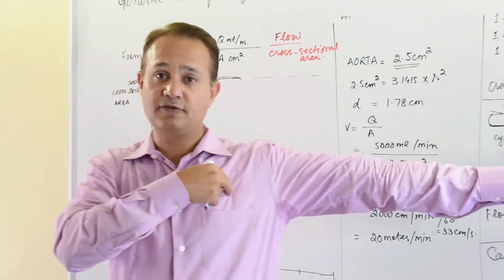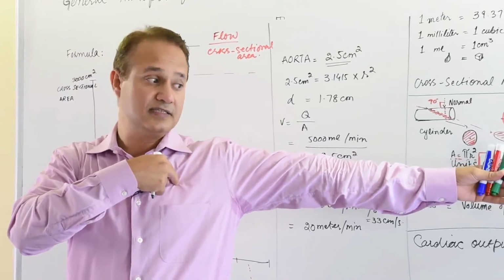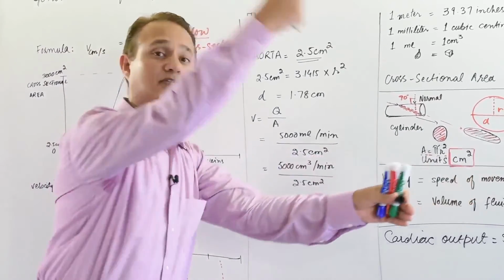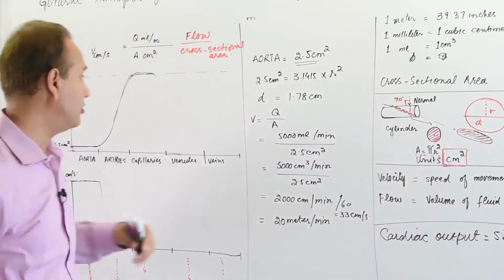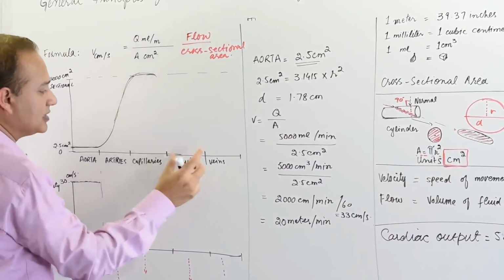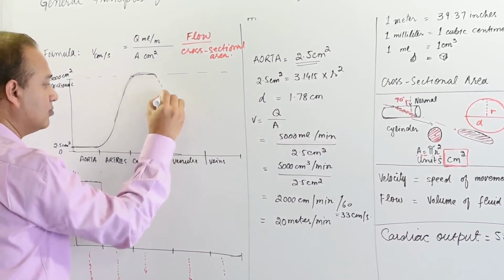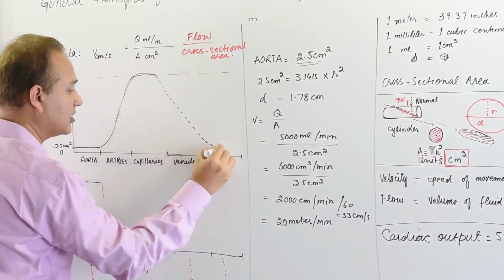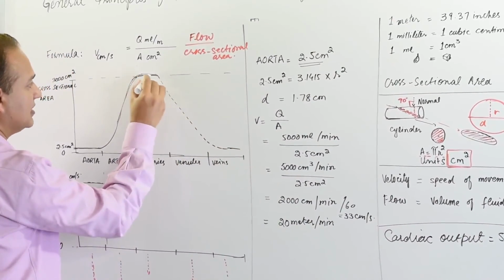That is how big a blood vessel they would form if you put all the capillaries together. Then the capillaries come together, start merging, and finally become veins. So that is the kind of structure.